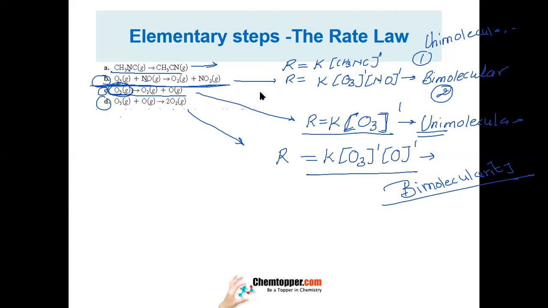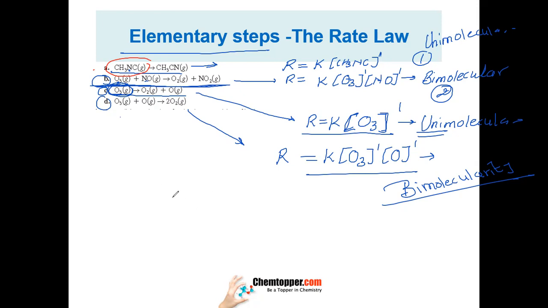Right? So for elementary steps, the rate law is determined from the reactants and their coefficients. Their coefficient is the molecularity as well as the order, only for the elementary step, right?